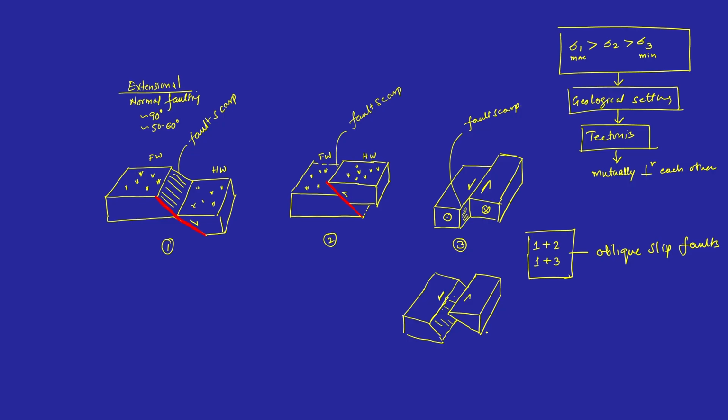So this is what you will be able to look at, and that can be reverse also, where if you see this part here, then we can have a right lateral movement also. Okay, so where one block will move towards us with respect to the other one.